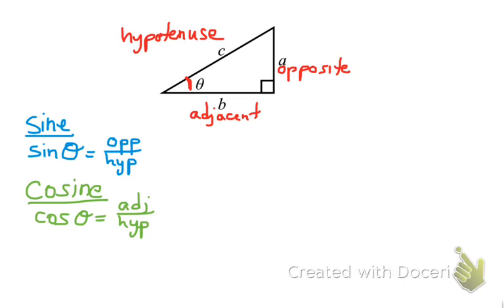The third trig function is called the tangent, abbreviated TAN. The tangent of theta is the opposite side length divided by the adjacent side length.